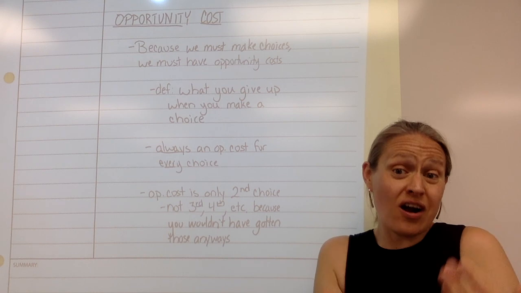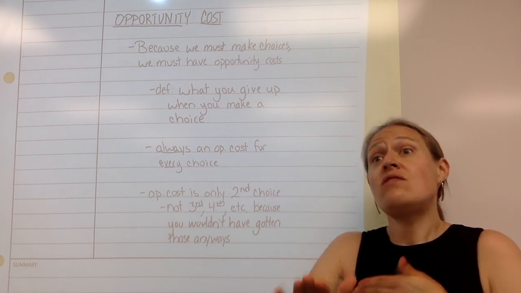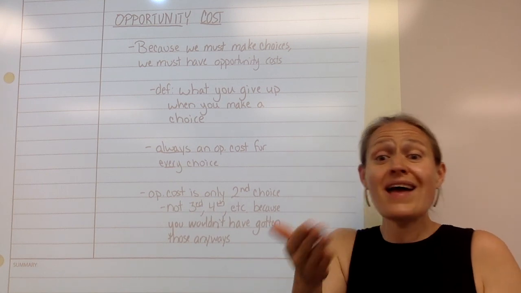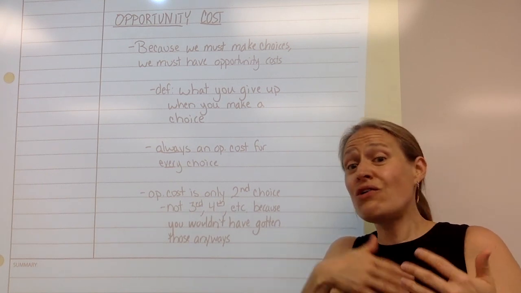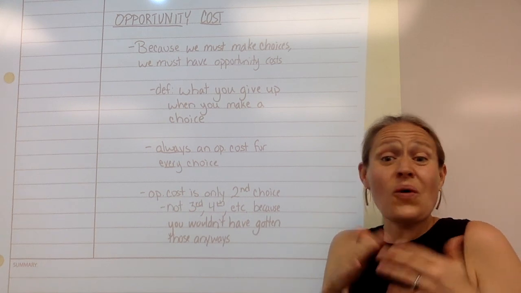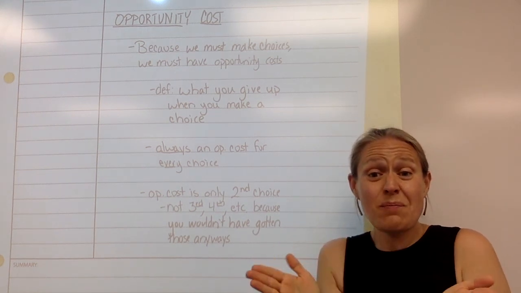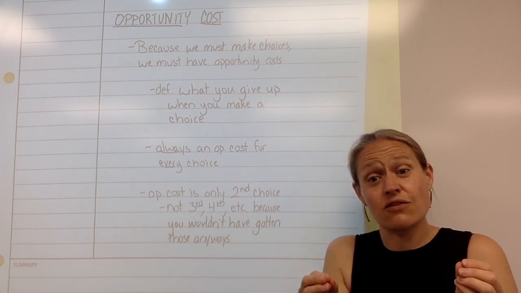And those are hard choices because if you decide that you are going to go to the University of Minnesota, that means that you're not going to go to Mankato, or you're not going to go out of state, or whatever your other choice is, which means that you're giving up a lot, and that's a big opportunity cost.